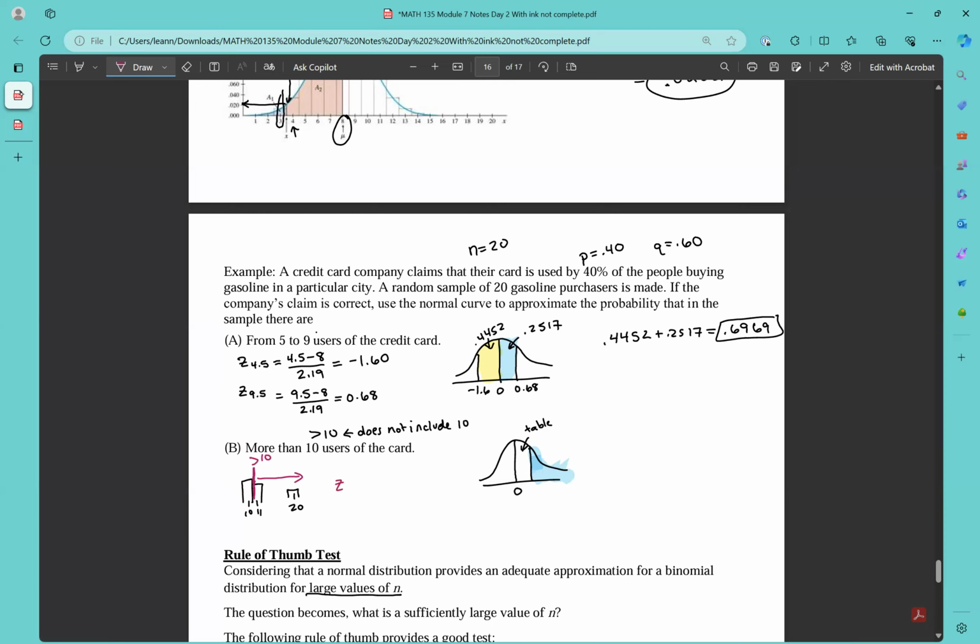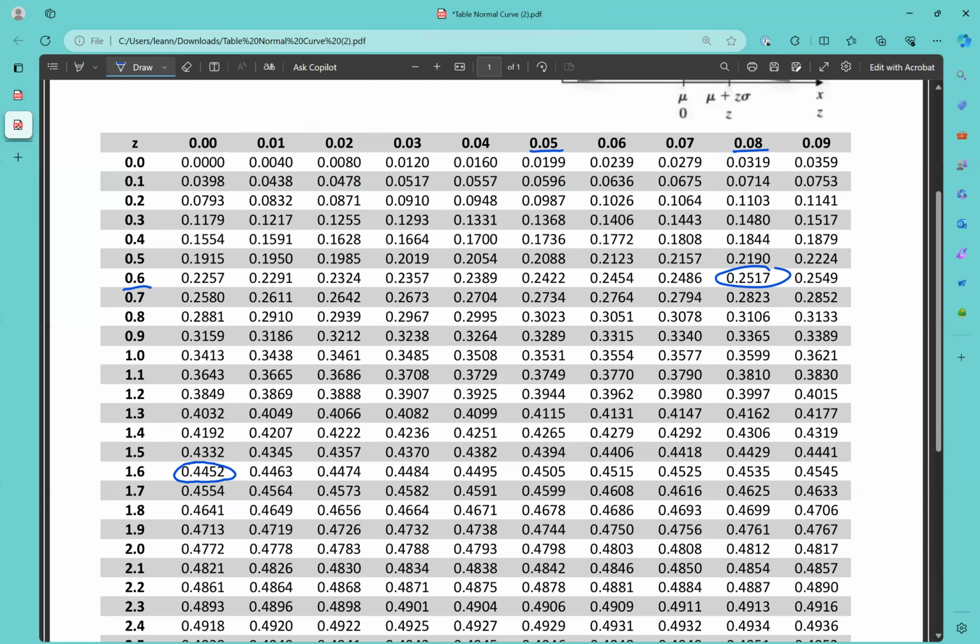So we're doing a z-score of 10.5. My bad for that. And so that would be 10.5 minus 8 over 2.19. That gives me a z-score of 1.14. So we're doing 1.14. Okay, so I will have to look that up in the table. So 1.14 is 1.1, 0.04.